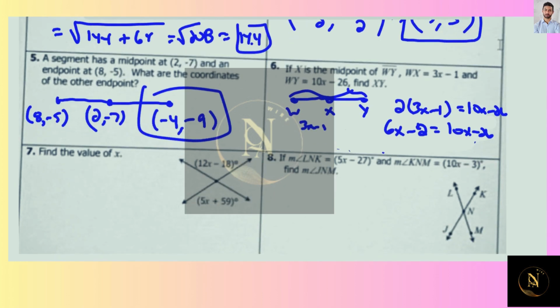We could subtract 6x to both sides and add 26 to both sides, so we get 24 equals 4x. So x is 6, and if x is 6, XY, which would be the same thing as WX, would be 3 times 6, 18, minus 1 is 17.